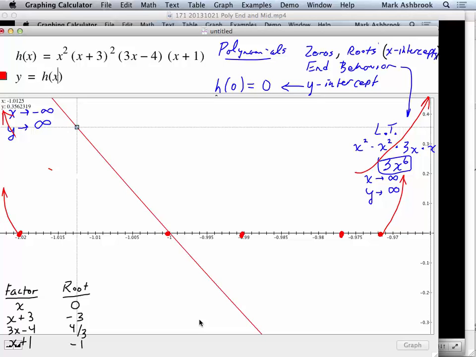What about the x plus 1? So x plus 1 is getting us that root at -1, but what about the fact that it goes straight through? Linear. So where do we see that here? Where do we see that linearity in the actual formula for the function?